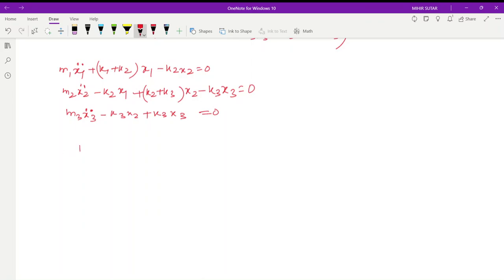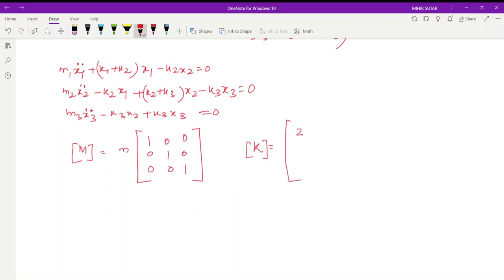So the mass matrix is m into [1 0 0; 0 1 0; 0 0 1]. Okay, the stiffness matrix K is equal to, let's say, k into [2 -1 0; -1 2 -1; 0 -1 1]. Okay.